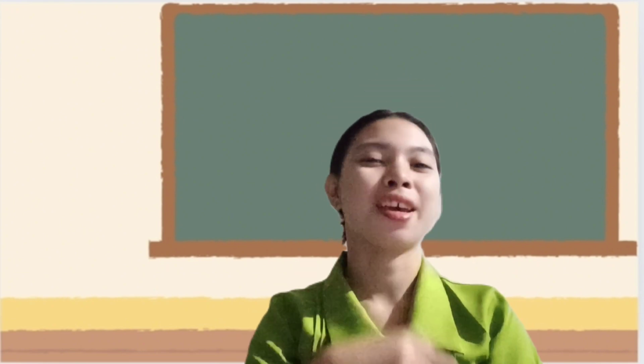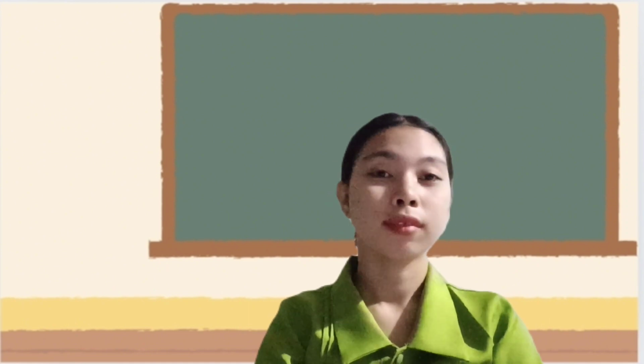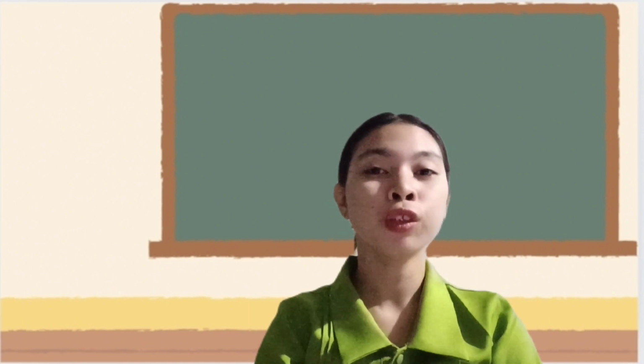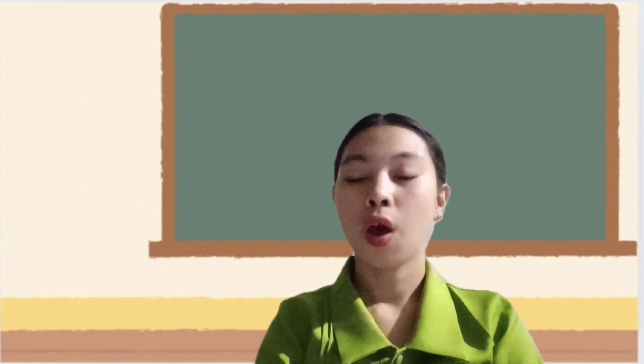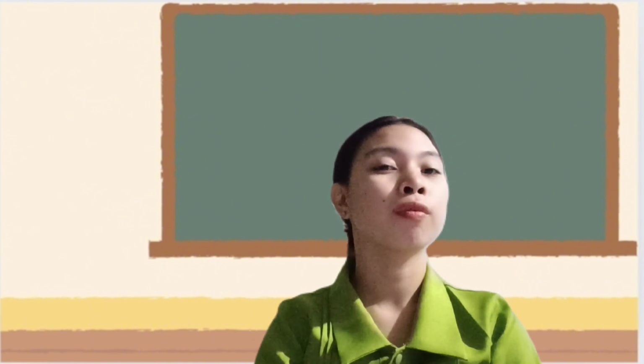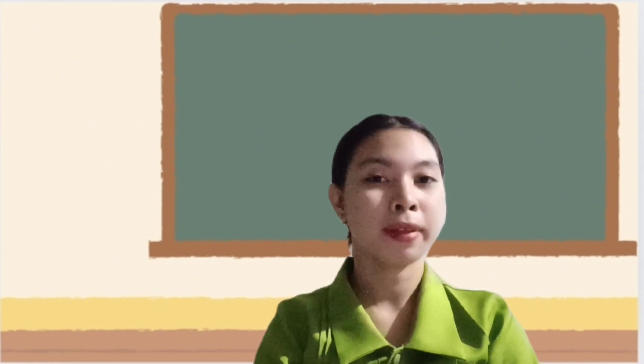So for your assignment, please write in 1/2 sheet of yellow pad paper and answer this question. What is the importance of food processing in food industry? I repeat, what is the importance of food processing in the food industry? So please pass the assignment for our next meeting. So that's all, class. Thank you for today.